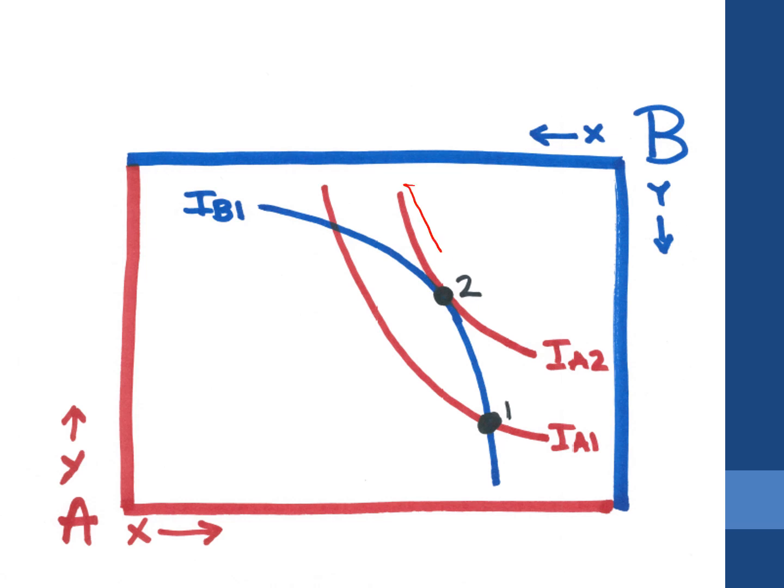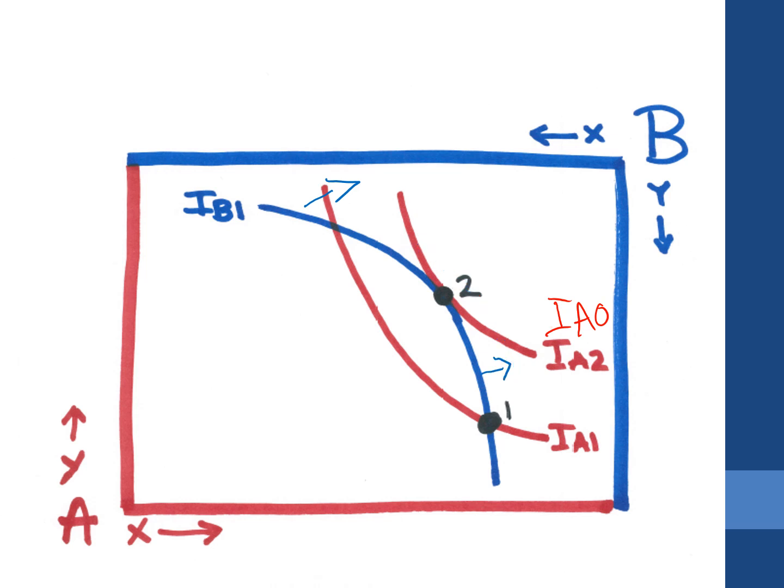If somehow we were going to move person A out slightly, then what we would have to do to be at some point here that person A could be at is move back person B's indifference curve, right? Person B's indifference curve would have to shift back somewhat.